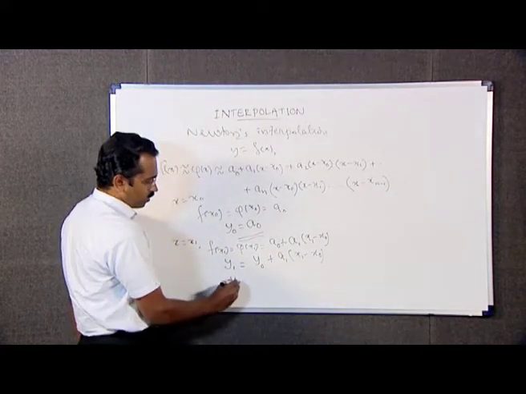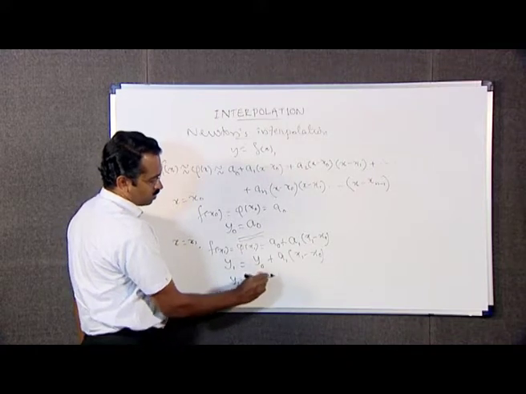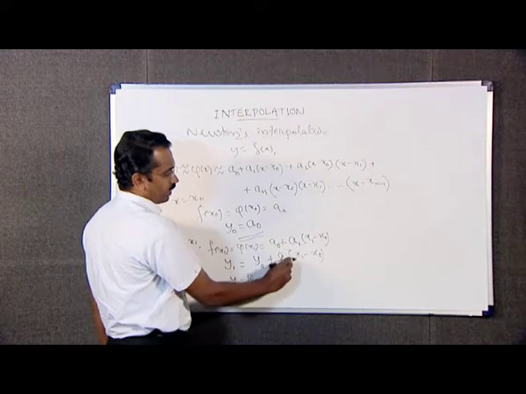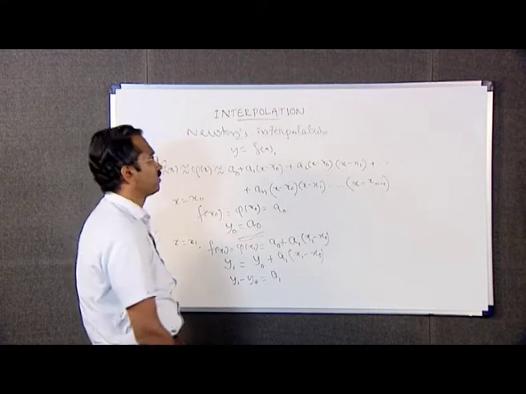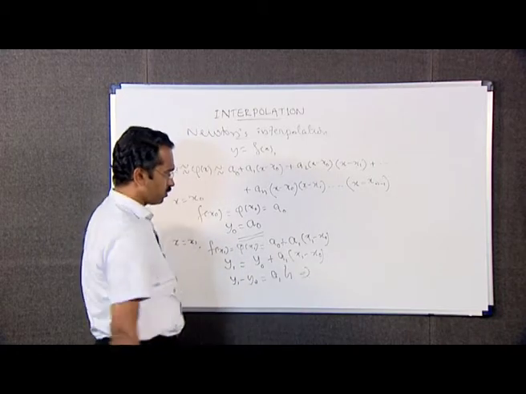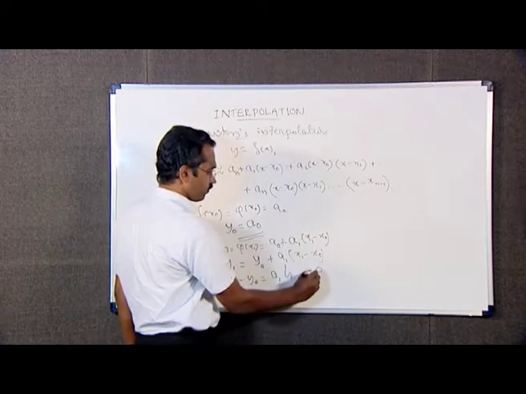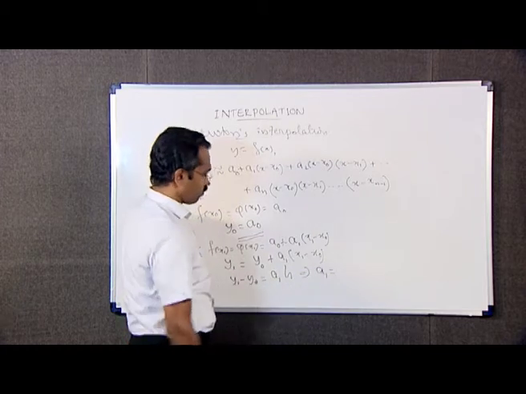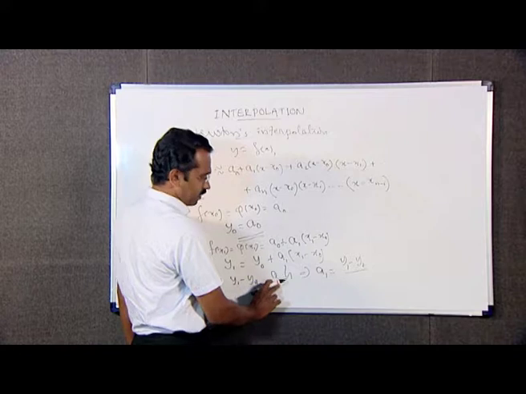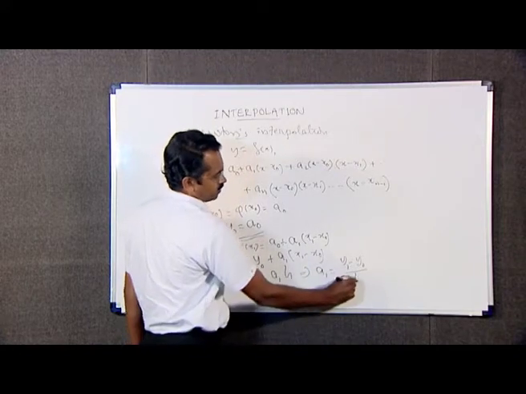That is y1 minus y naught is equal to a1 into x1 minus x naught, which is h. This gives a1 is equal to y1 minus y naught divided by h.